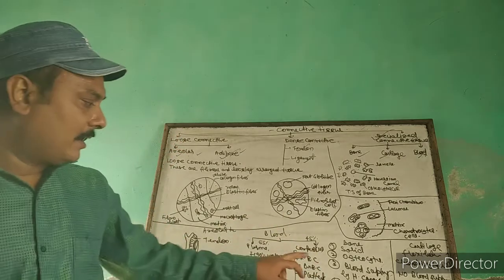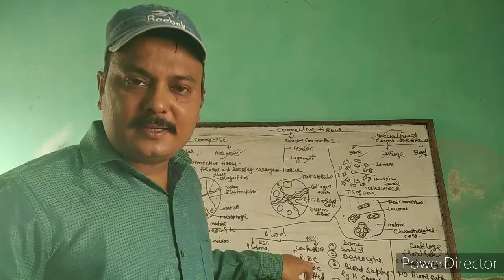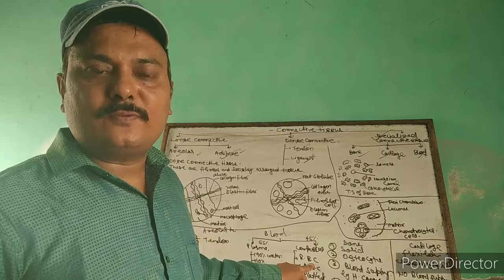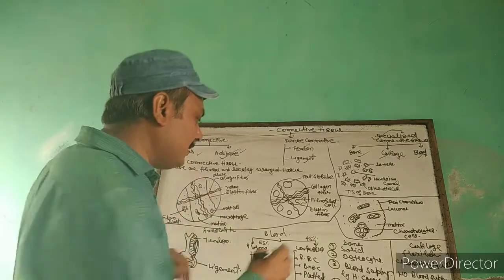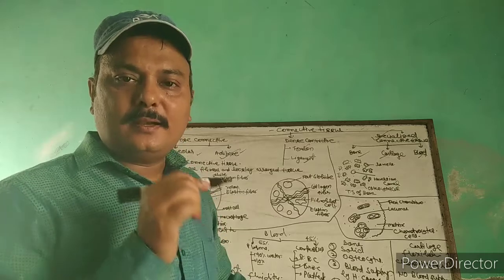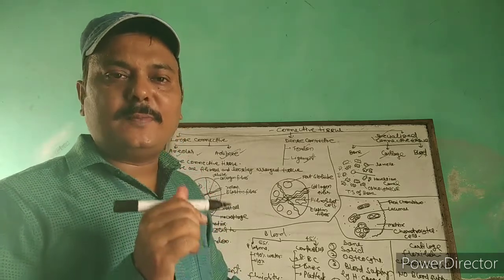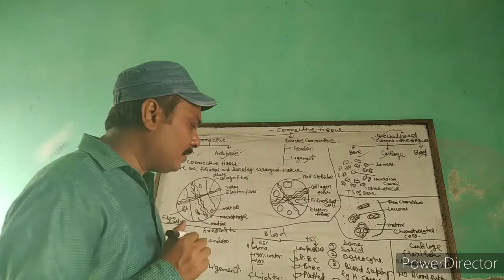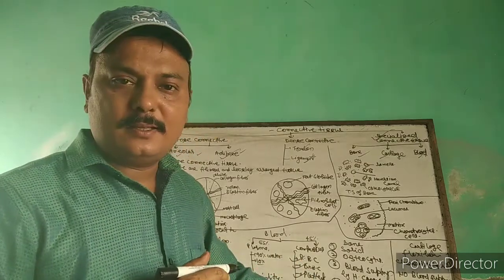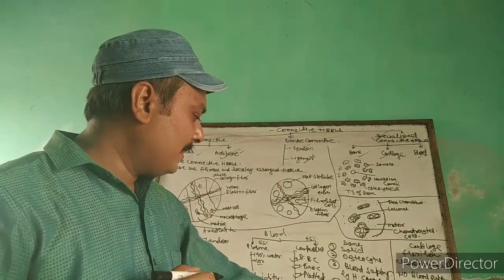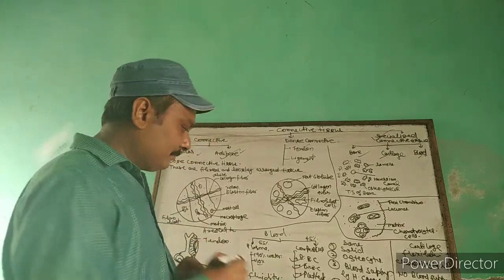RBC are known as erythrocytes, responsible for gaseous transportation in your body. And WBC, as you know, are leukocytes, responsible for maintaining immunity in the body. And platelets are known as thrombocytes, responsible for making a blood clot.